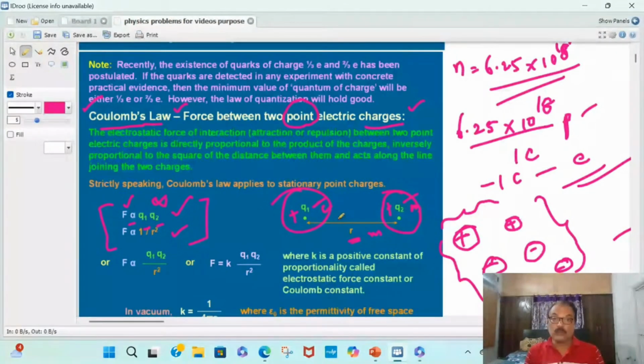And he also did experiments: when the charges are very close by, the force of attraction is greater, and when r is moving away, the force of attraction is reduced. This is the first observation, and this is the second observation.